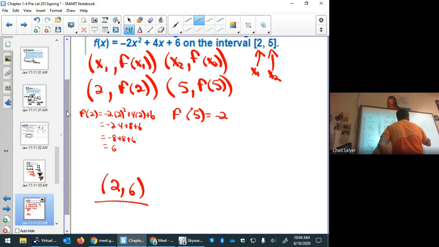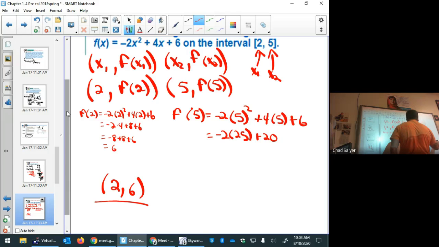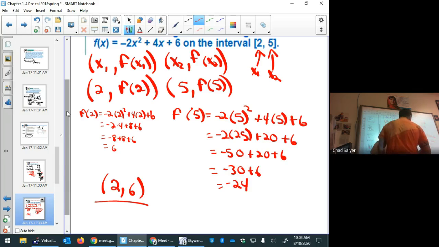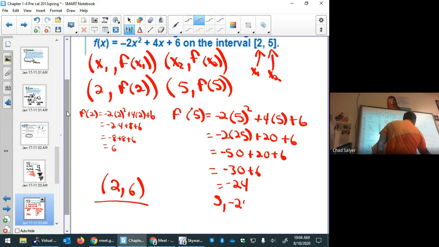So that's negative 2 times 5 squared plus 4 times 5 plus 6. Negative 2 times 25 plus 20 plus 6. So that's negative 50 plus 20 plus 6. Negative 30 plus 6, or negative 24. Okay, so that point is going to be 5 comma negative 24.